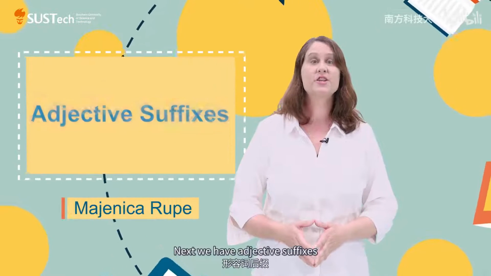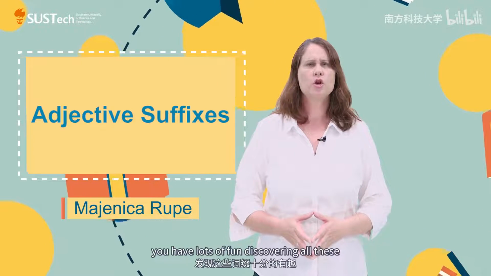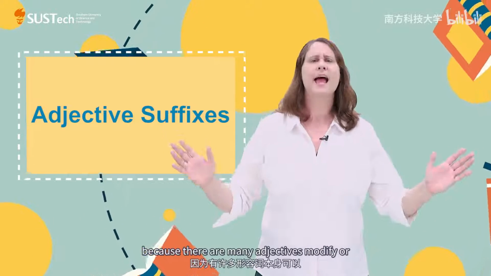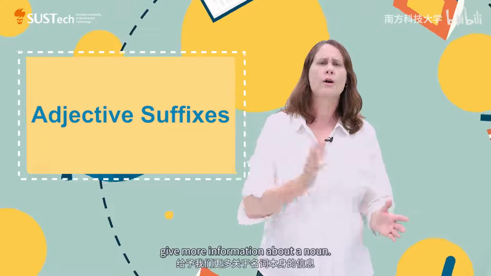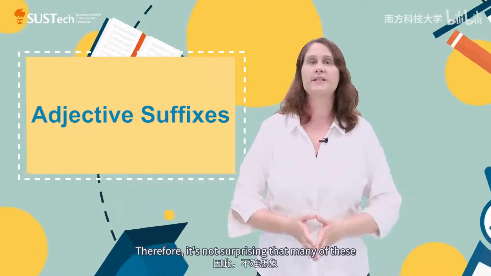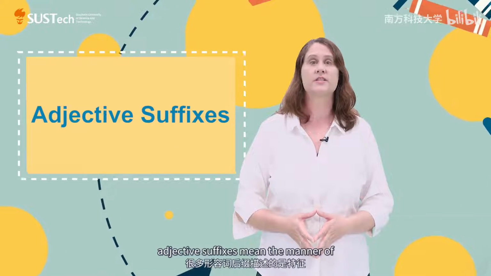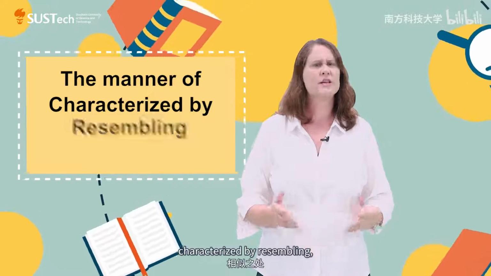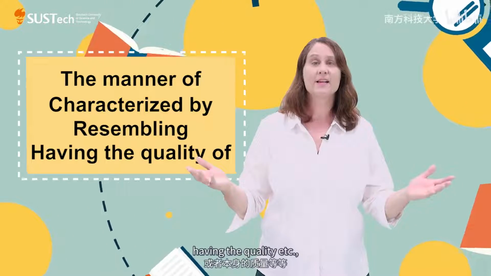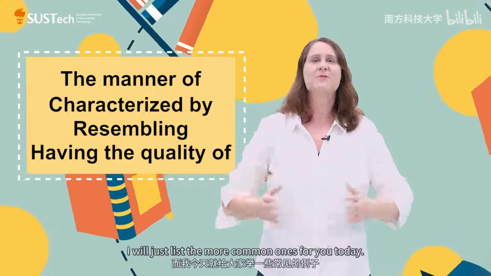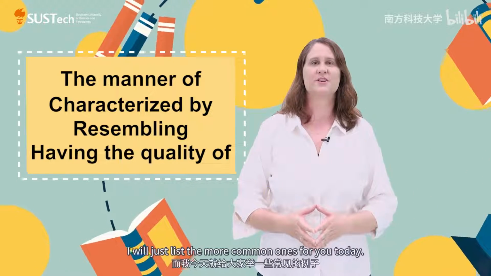Next, we have adjective suffixes, and you'll have lots of fun discovering all these because there are many. Adjectives modify or give more information about a noun. Therefore, it's not surprising that many of these adjective suffixes mean the manner of, characterized by, resembling, having the quality of, etc. Since there are so many, I will just list the more common ones for you today.